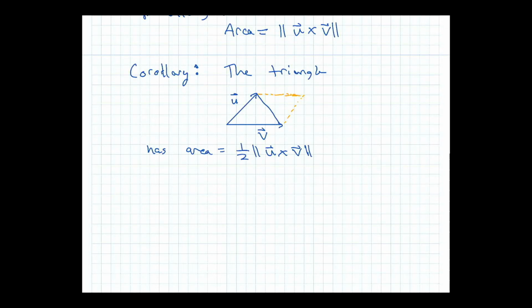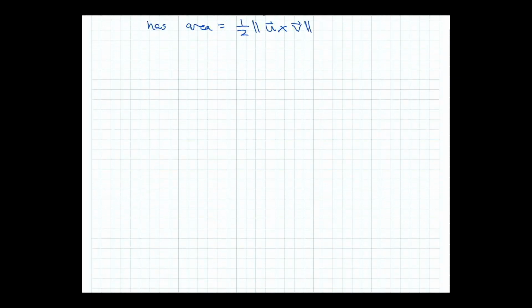Okay, awesome. So something that we haven't done is we haven't really done cross products where the vectors were not given to you. And so I definitely need to do an example of that.